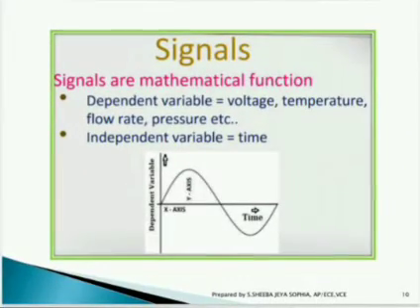Signals are mathematical functions, that is, the dependent variable equals voltage, temperature, flow rate or pressure, etc., and the independent variable is like time. You can see from this XY graph that a signal is a parameter that varies with time. So here we have marked the independent variable and dependent variable clearly.